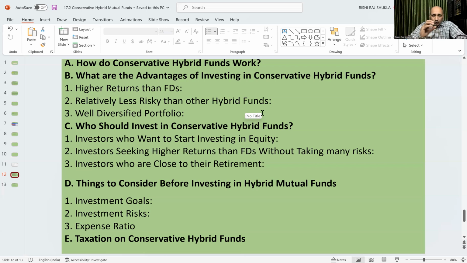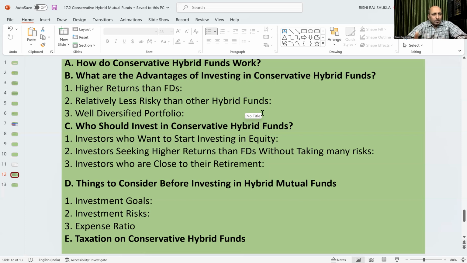Then what will you do? You want to have some equity exposure. So the best thing to invest in with minimum equity exposure is conservative hybrid fund. From here onwards, there will be more and more equity exposure. So the beginning or starting point can be conservative hybrid fund.